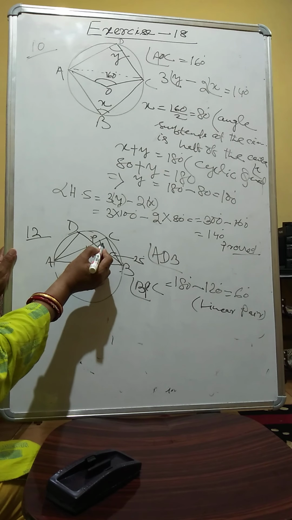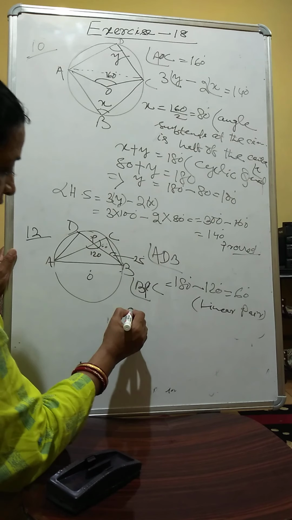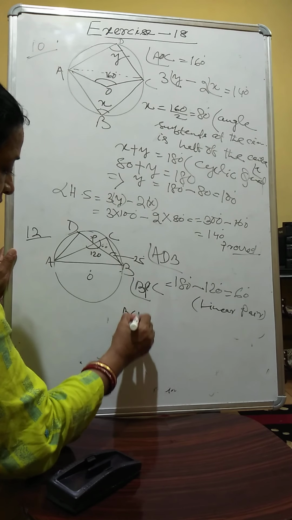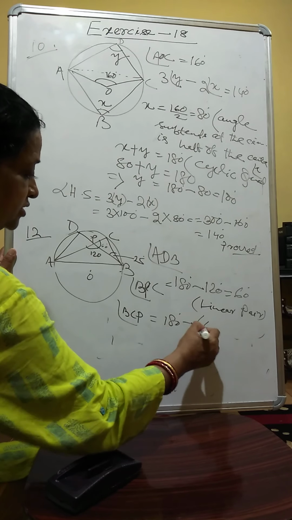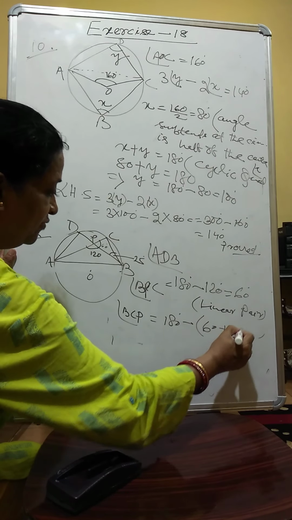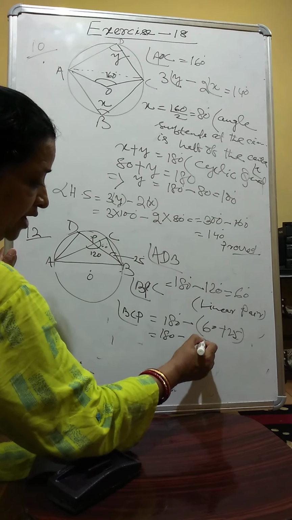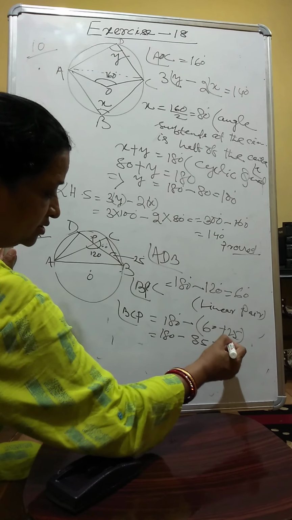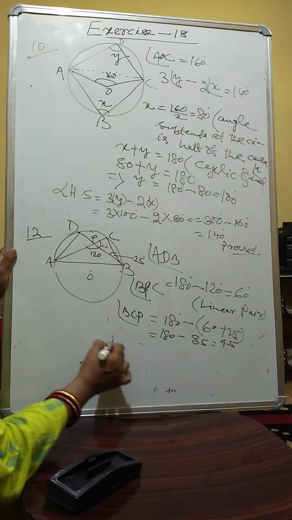You got this angle is 60 degree, this angle is 25, hence I can write BCP angle 180 minus (60 plus 25), that is 180 minus 85, 95 degree. Now the question is asking ADB.